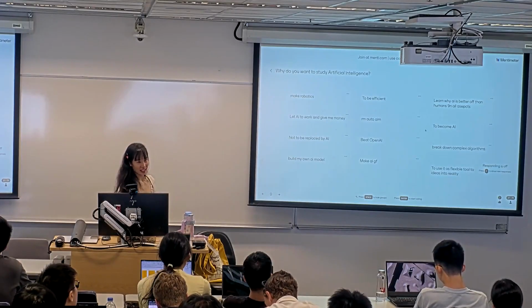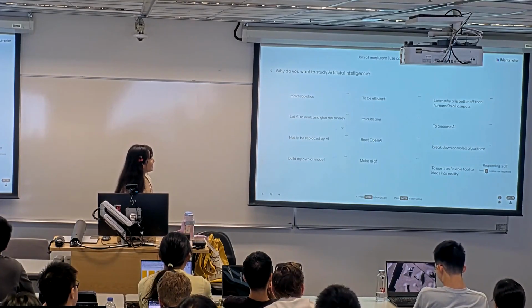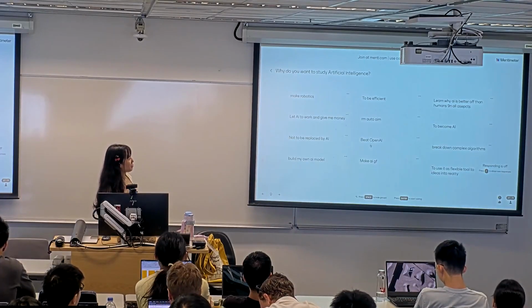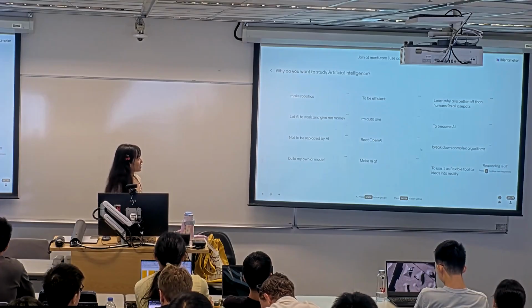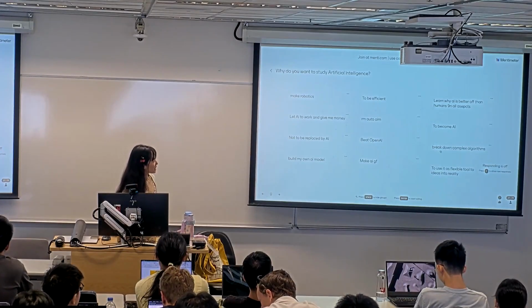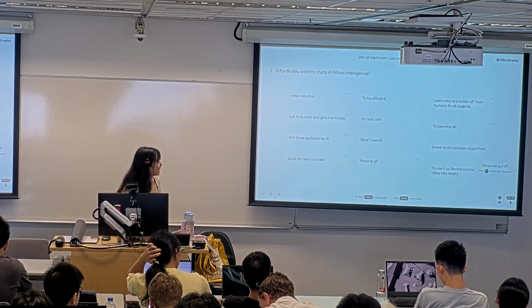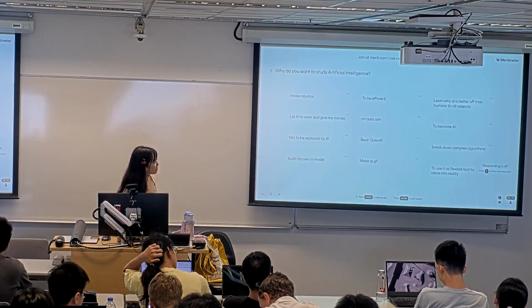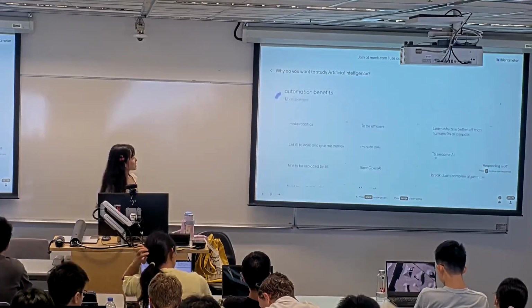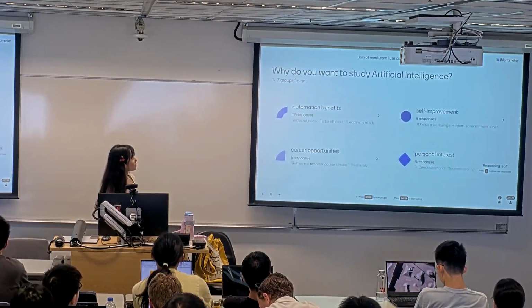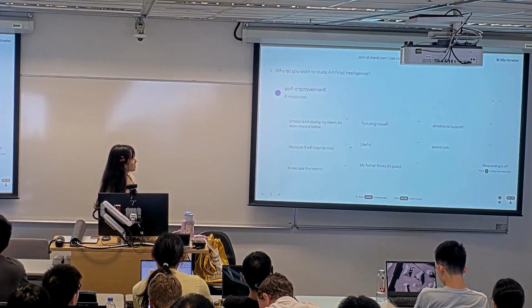To become AI, wow. Not to be replaced by AI. Be OpenAI, wow. Yeah, very good. Break down complex algorithms. Yeah, sure. Build my own AI model. Make a hacker friend. Really, to use it as a feasible tool to turn ideas into reality. Yes, very good. These are real benefits from AI and self-improvements.